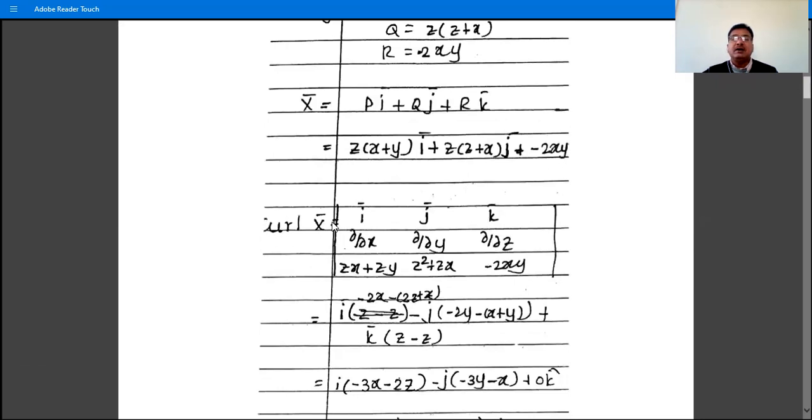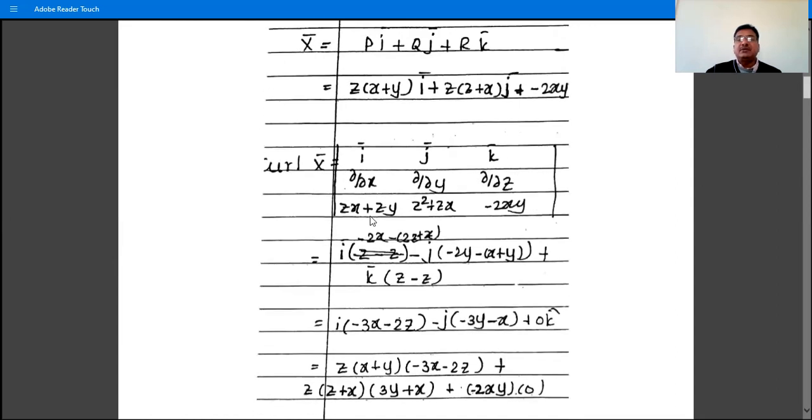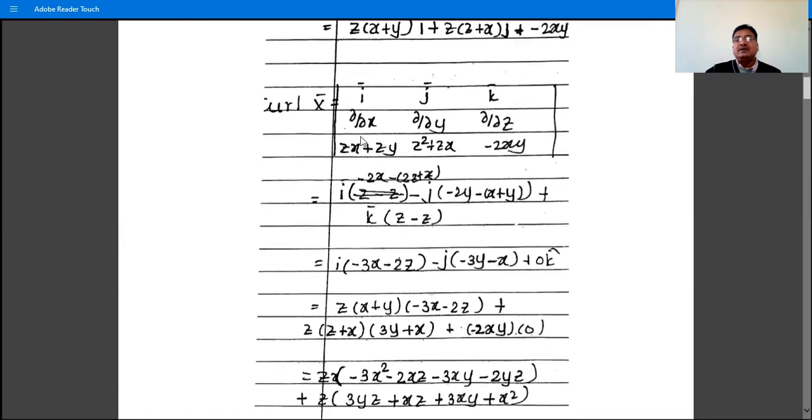Then find curl of X bar. Curl of X bar is the determinant i j k, divided by x, divided by y, divided by z, and then write the values of P, Q and R, and then solve this determinant. So i times derivative with respect to y of this quantity, so it is −2x, and derivative with respect to z of this quantity is minus (the derivative of z² is 2z, and the derivative of zx is x). Bracket complete.